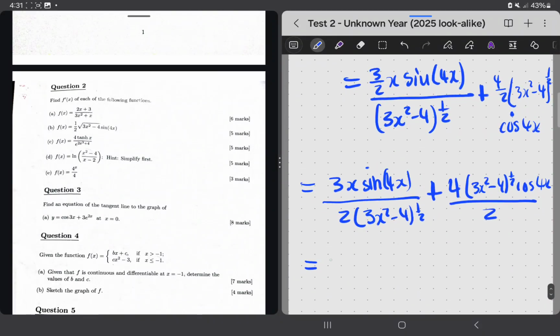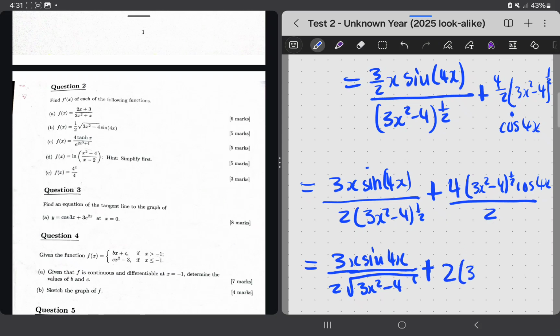So this now becomes 3x sine 4x all over 2 times the square root of 3x squared minus 4, plus, now we have 4 over 2, which is 2, multiplying the square root of 3x squared minus 4, then multiplying cos 4x.